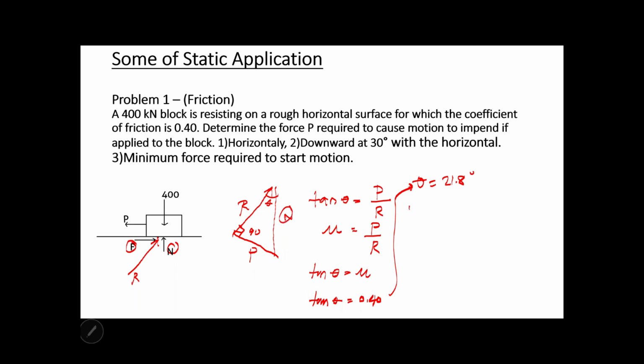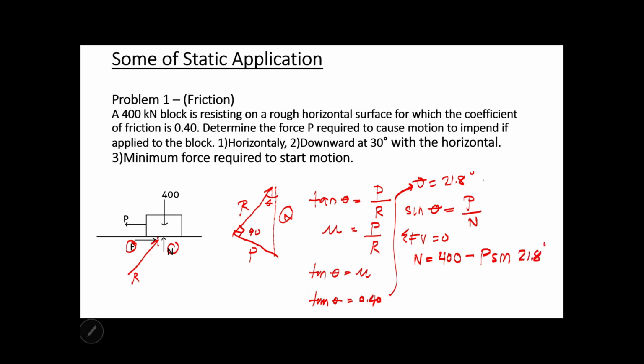Sine of theta, which is may angle na tayo, is equals to P over N. But summation of forces vertical equals to 0, N is equals to 400 minus, kasi yung P natin is pataas, P sine of 21.8.